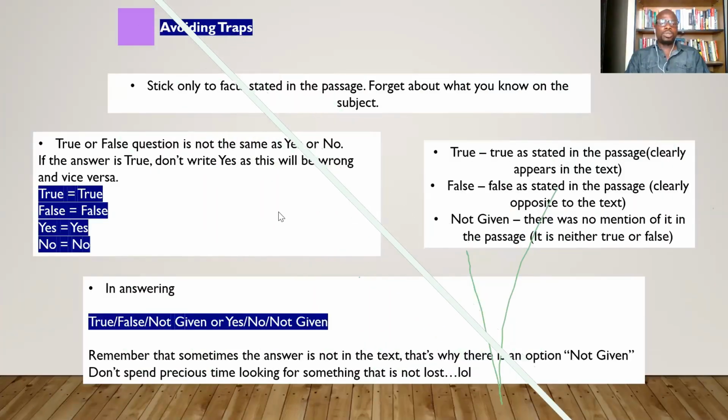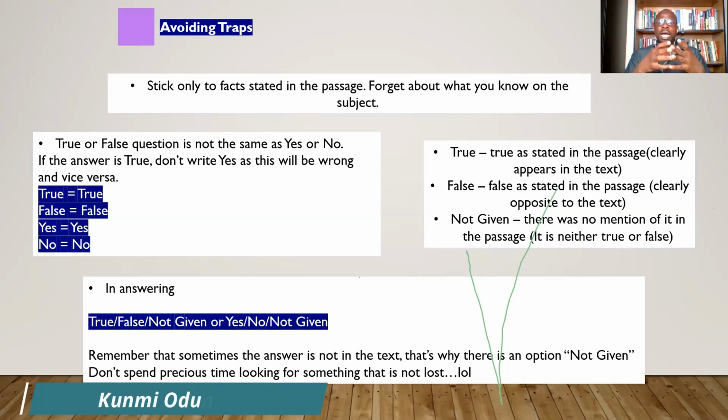I'm moving on to traps now. In terms of traps that you can avoid when you are writing this exam, you have to be careful about what you know before the exam. For example, they can bring up a subject about making omelets, or say making fries. Each of us probably has an idea of how to make omelets or fries before now.